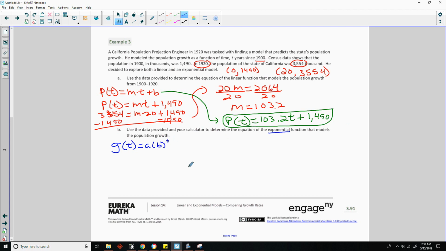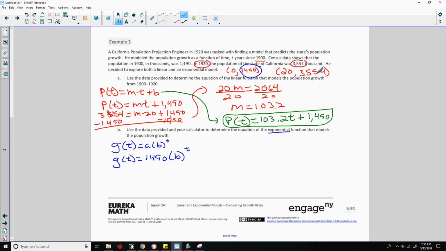Remember, our a is our y-intercept, so now I know g of t equals 1490 times some b to the t. So all we need to find is b because I have a t and I have a g of t.